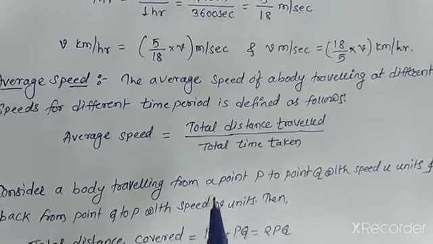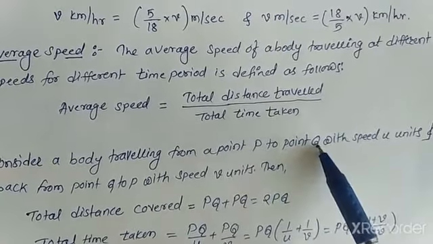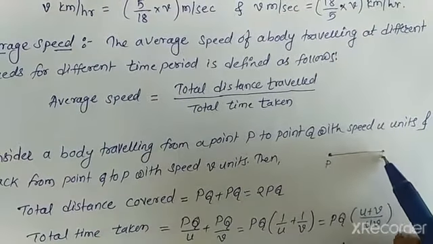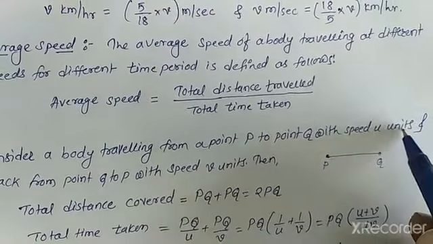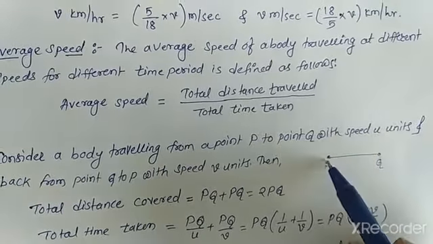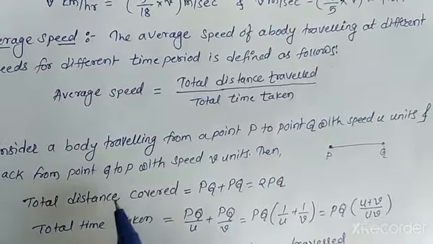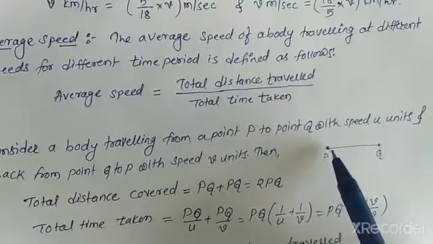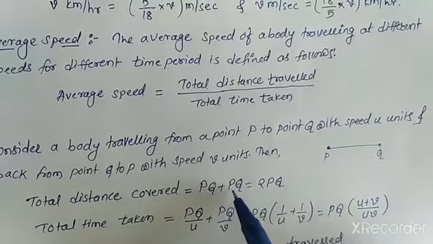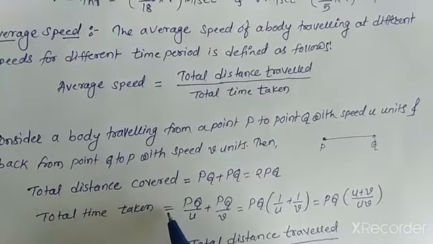Now, if we consider a body traveling from a point P to Q with a speed of u units, and back from Q to P with a speed of v units, then the total distance covered is PQ plus PQ, which is twice PQ.